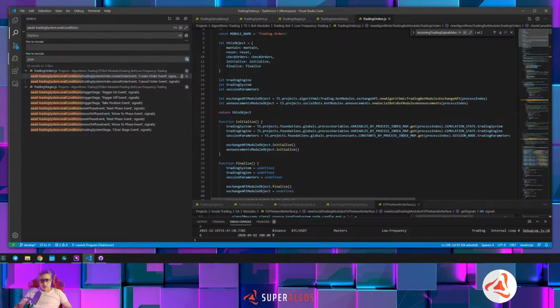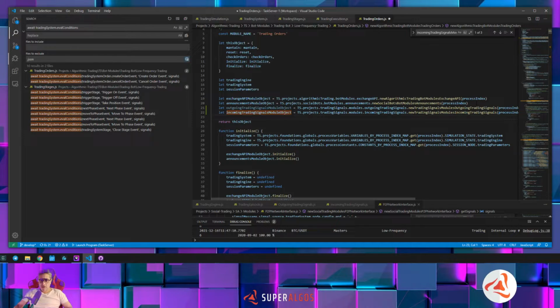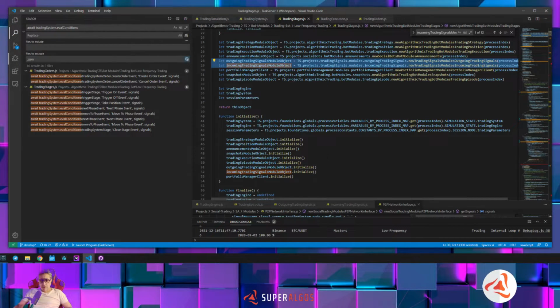So first things first is to add these modules here. We will also need them initialized.